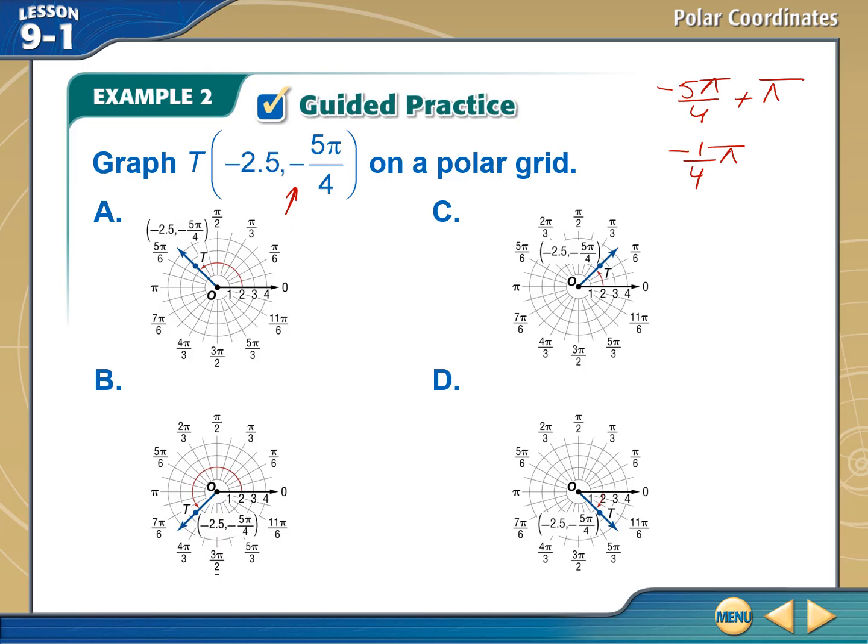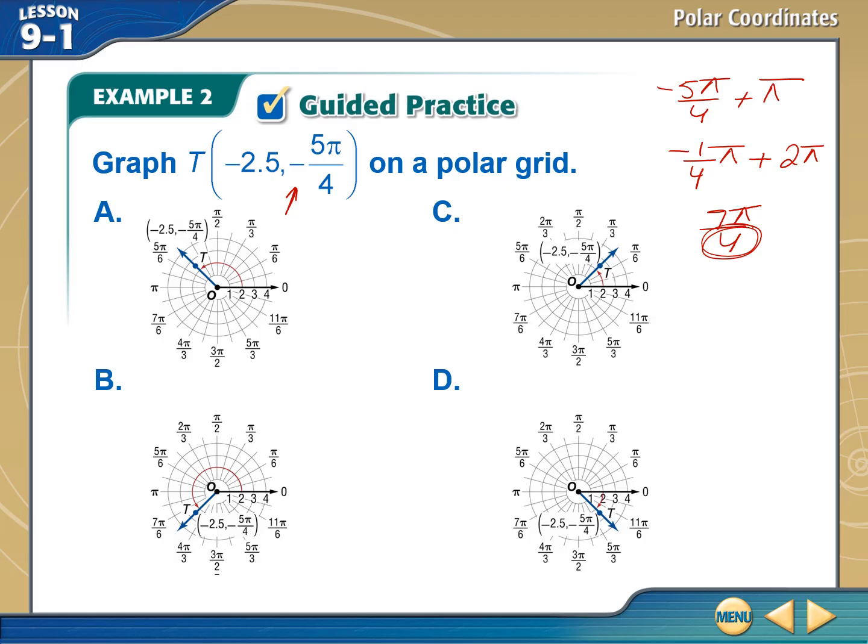In this case, when you have a negative angle, you again add 2 pi to it. So 8 minus 1 gives us 7 pi by 4. So where is 7 pi by 4? You have to see that in the denominator there is 4.